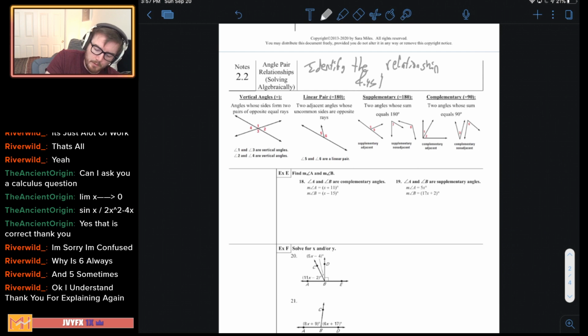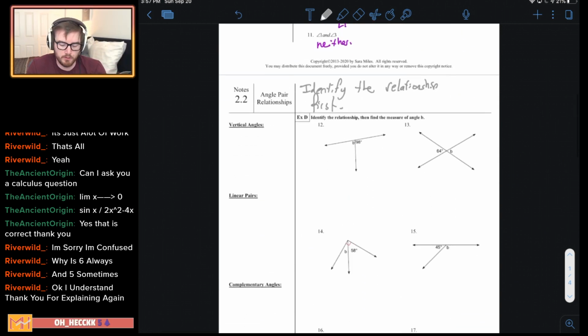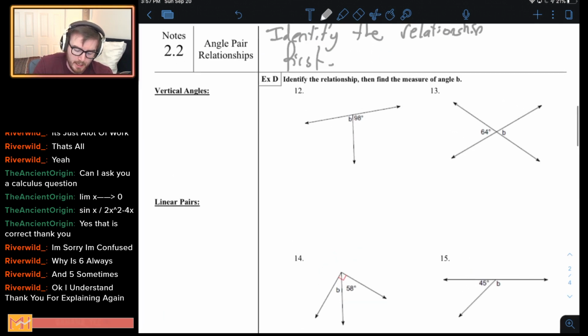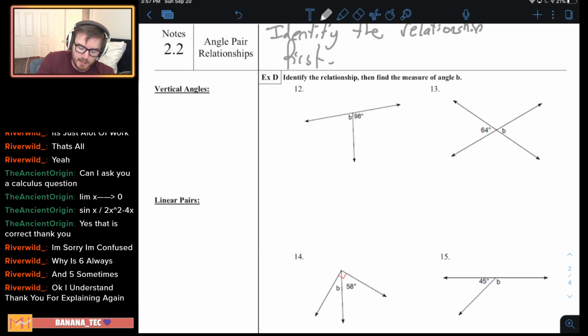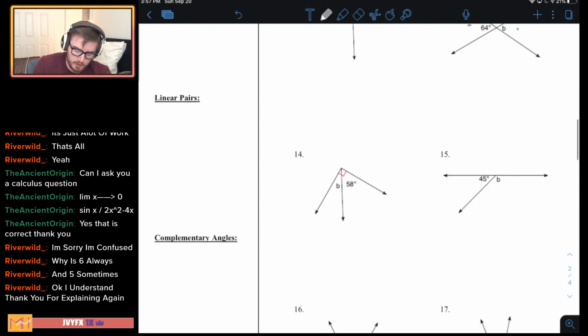On any problems like this with angles, we want to know what is the relationship first and foremost, because we can't solve for anything if we don't know the relationship. So when I look at these two side-by-side angles making a straight line, I immediately say linear pair. When I look at these two angles opposite of one another, I immediately think vertical.